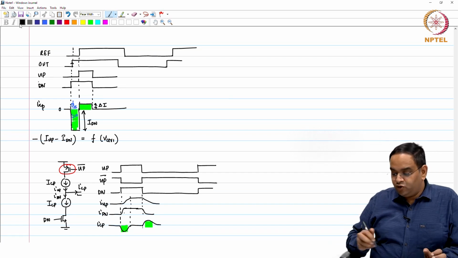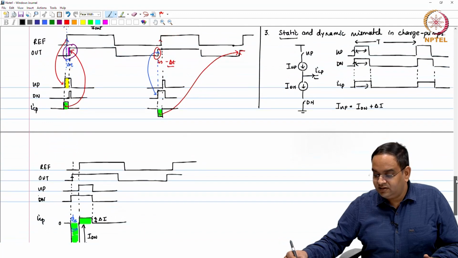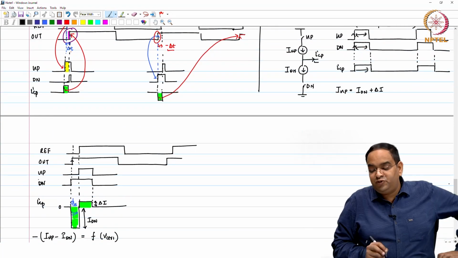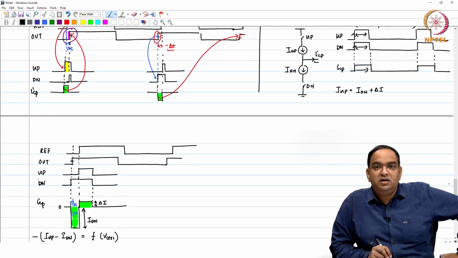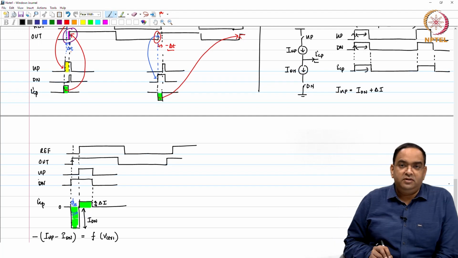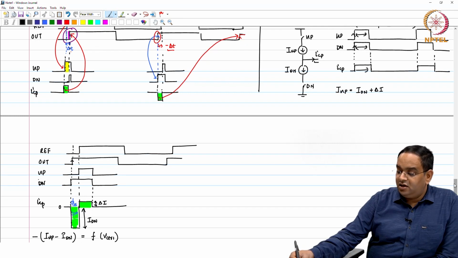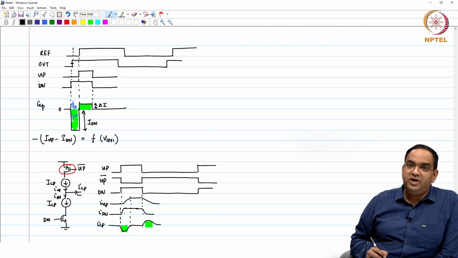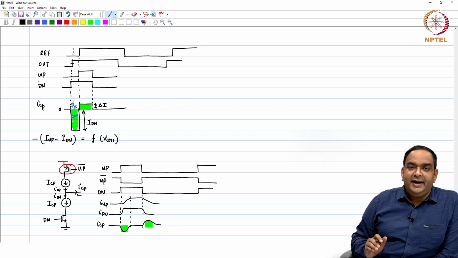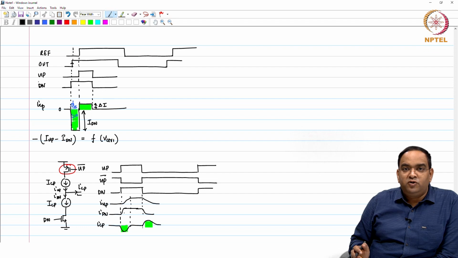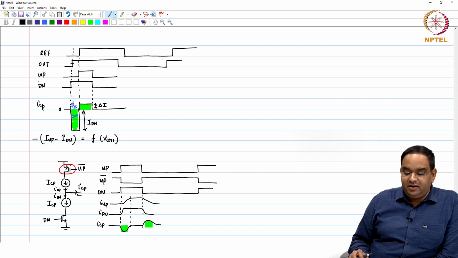So, one thing is that all these charge pump related issues, whether it is the static difference between I up and I down, or the dynamic difference based on the control voltage, or because of different response times of NMOS and PMOS, they add error to the control voltage, like ripple on the control voltage.